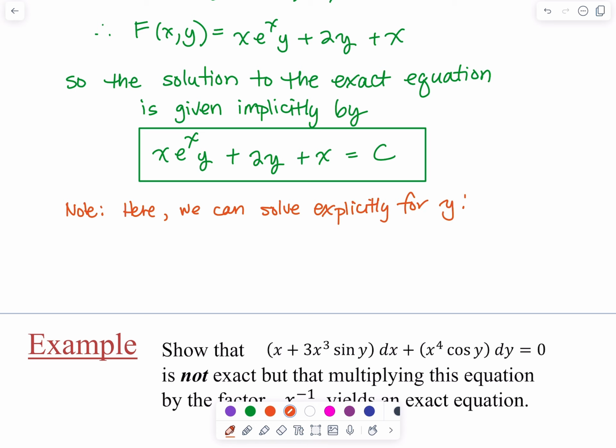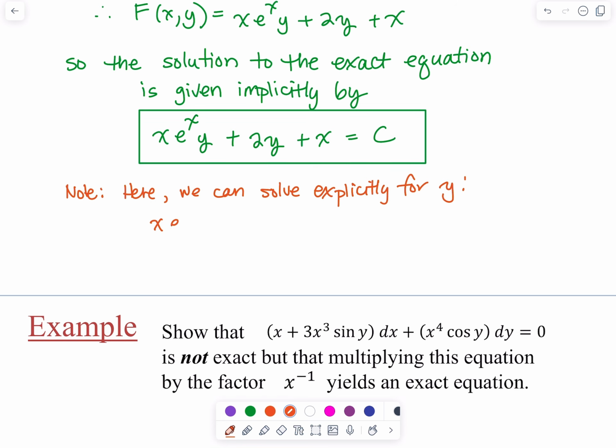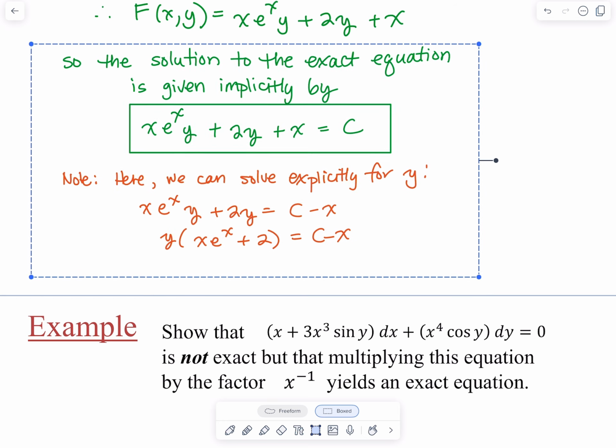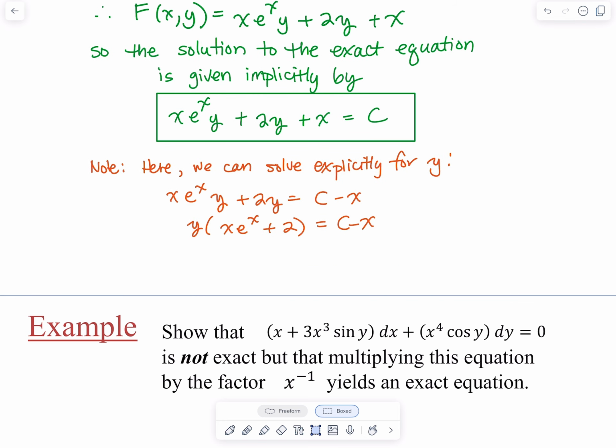So we have x e to the xy plus 2y equals c minus x. Factoring a y out, we have x e to the x plus 2. So we have y is equal to c minus x divided by x e to the x plus 2.